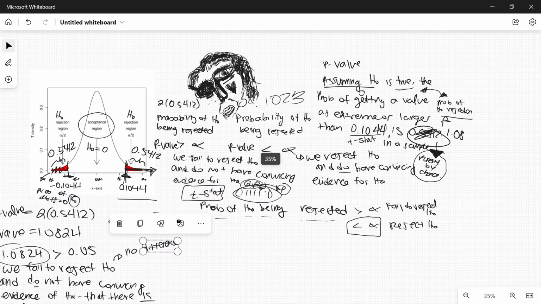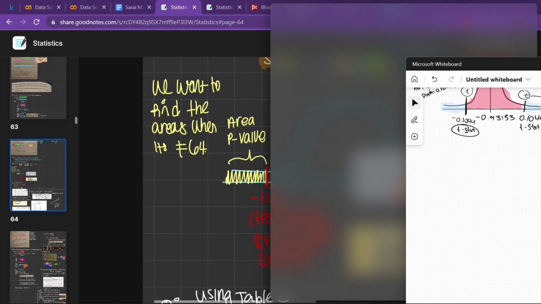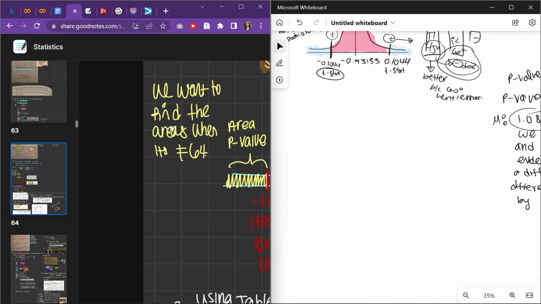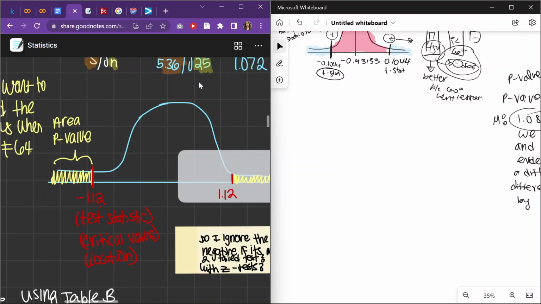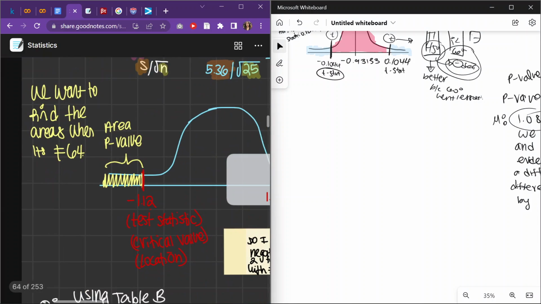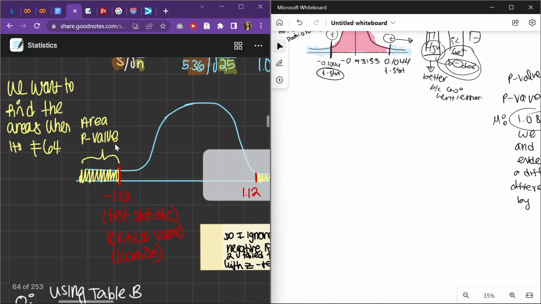We're gonna move on to the one thing I wanted to mention: we want to find the area when the mean is not equal to 64.